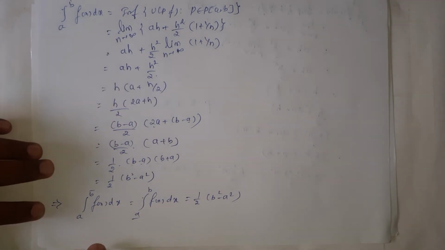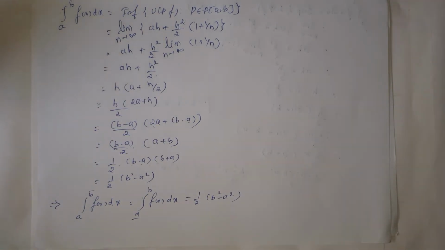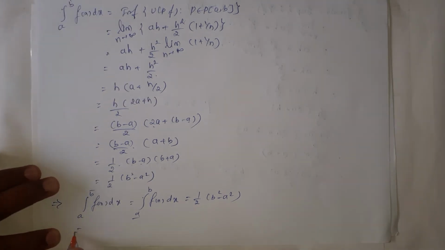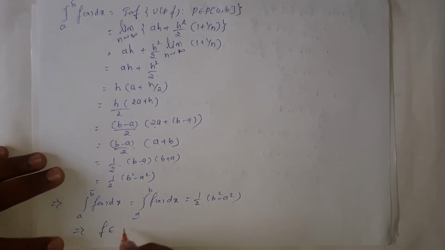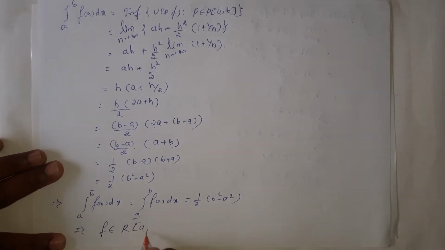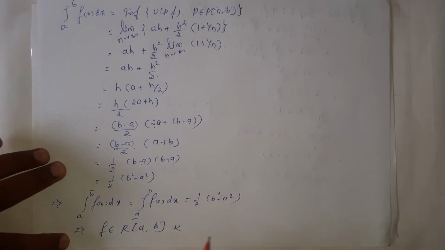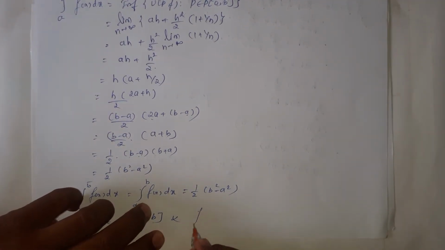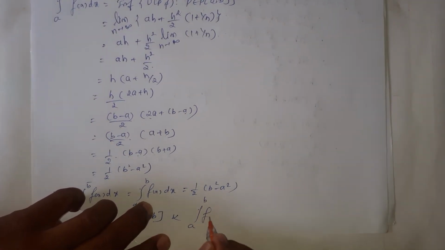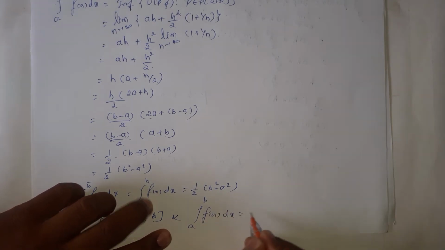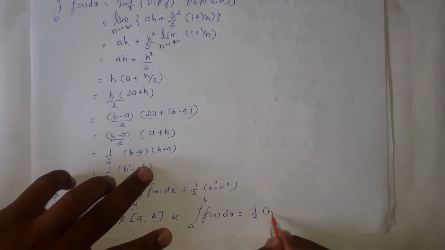So here by the definition of an R integrable function, if the lower Riemann integral and the upper Riemann integral are one and the same, then we can say that the given function is R integrable. So therefore our conclusion is f belongs to R of the closed interval [a, b], and the common value of them, that is the integration over a to b of f of x dx, is equal to 1 by 2 (b square minus a square).